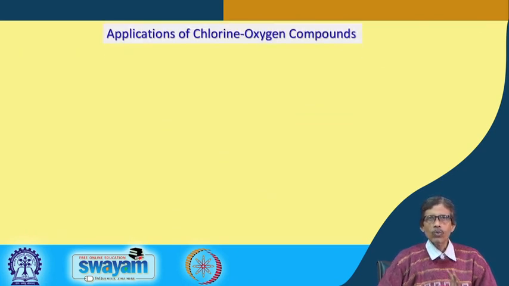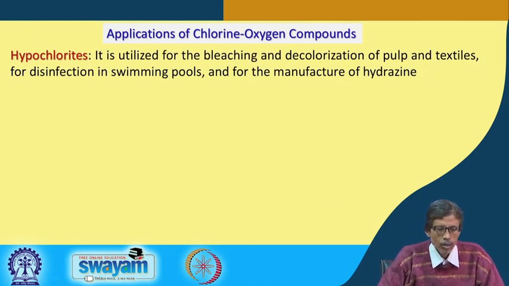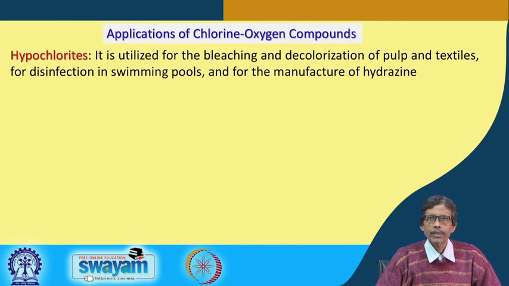Then we see the different areas of application where we can use the produced chlorine dioxide for useful purposes. First of all, the hypochlorites we have seen earlier are a very good bleaching agent.